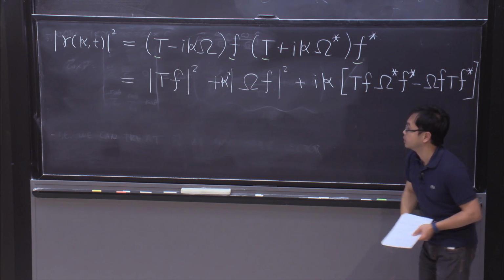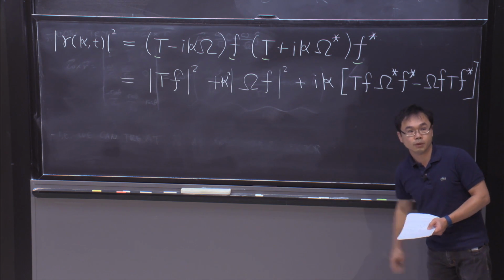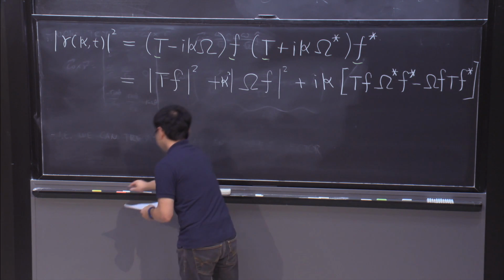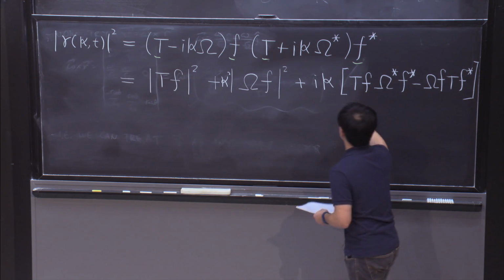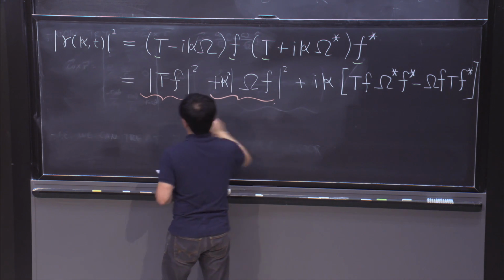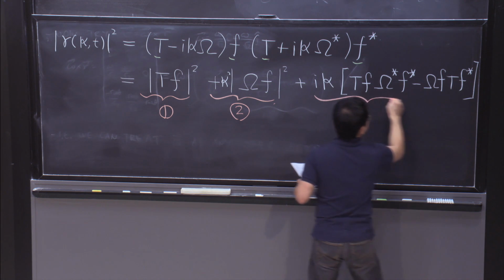So basically this small r function squared can be written in this functional form. We are almost there. So what I'm going to discuss first is that now I have these three terms: number 1, number 2, and number 3.